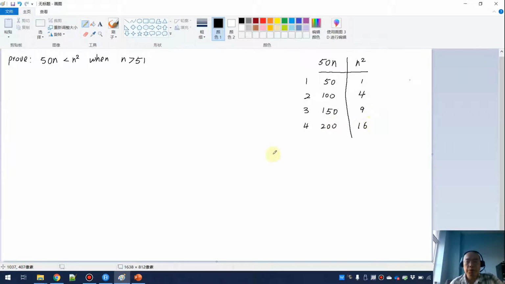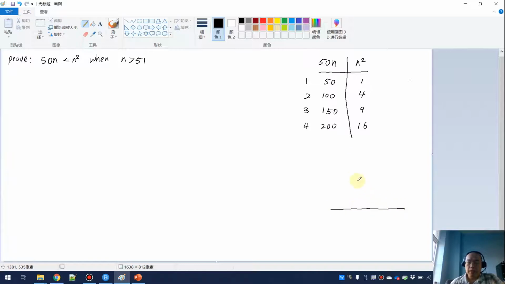So what do you feel? For the column on the left side, 50n, the values are pretty big compared with n squared. But for n squared, you see the increases of the values: this column increases faster than 50n. So what is going to happen?